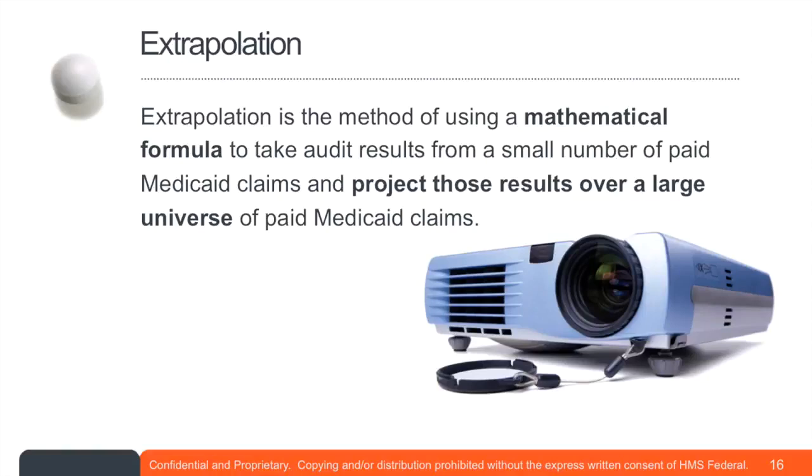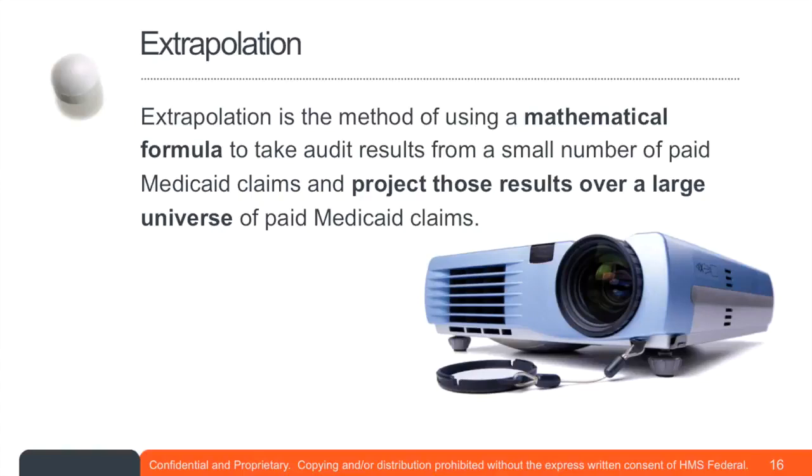So with the extrapolation, that means those results are taken from that small amount of 200 claims and extrapolated over the universe of 200,000 claims. Taking us back to the audit selection and the audit period, remember we're auditing a period of 2 years with an example of, let's just say, 200,000 paid Medicaid claims.